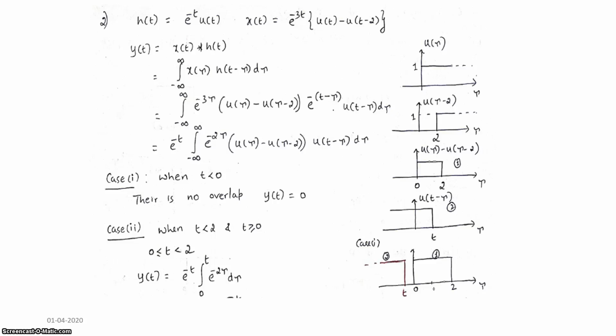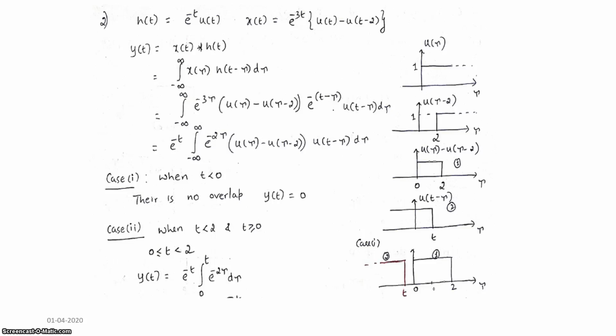The integral variable is tau, so I'll take e to the power minus t as the outside constant term. In simplification, we get the integral from minus infinity to plus infinity of e to the power minus 2 tau into u of tau minus u of tau minus 2 into u of t minus tau d tau.